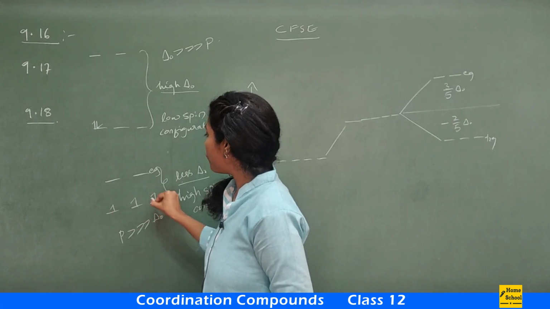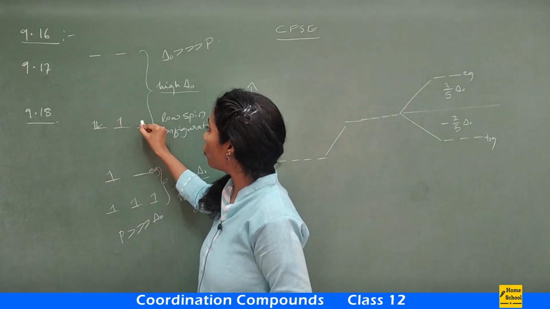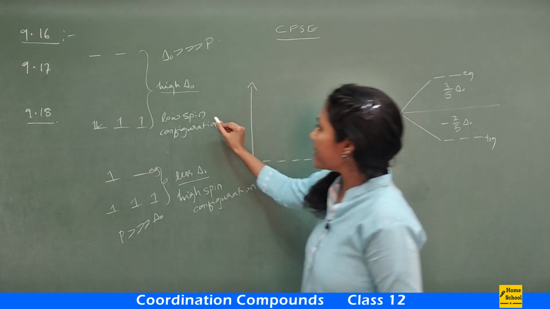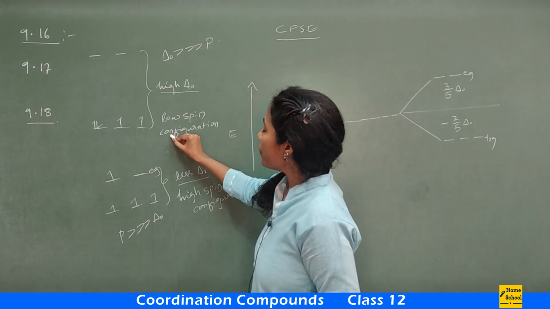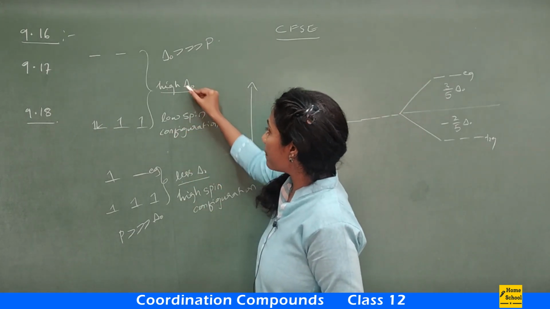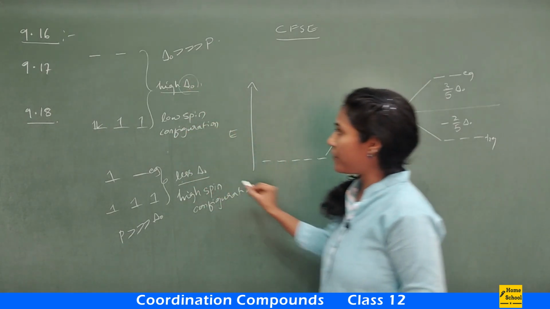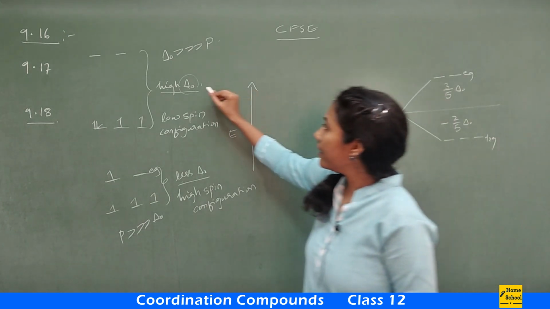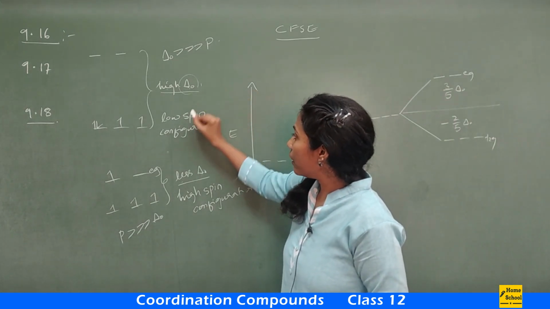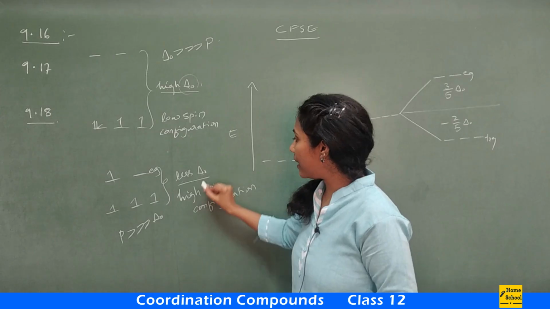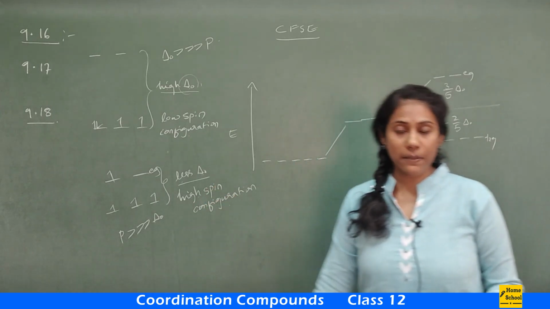So the electronic configuration always depends on the extent of CFSE. High delta naught gives low spin configuration, and low delta naught gives high spin configuration.